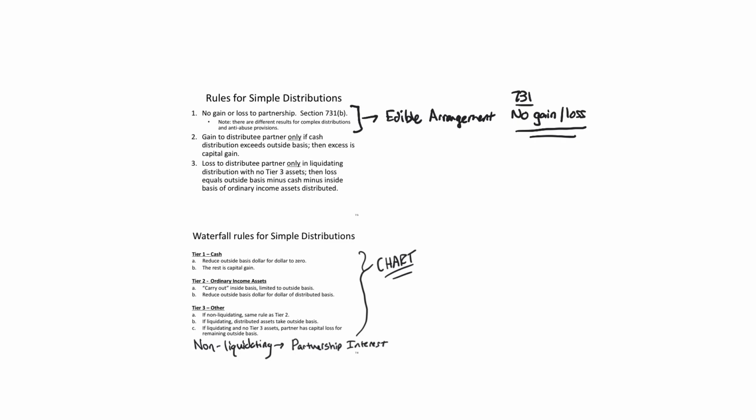The only time the partner is going to have gain is if they receive cash, so it has to be a cash distribution, and it exceeds the outside basis, right? 40, 30, 20, that amount. So we'll see a situation where that occurs. The only time we can have a loss is if it's a liquidating distribution, which, hey, it's not liquidating, so we're not going to have that in this case. So we can't have loss. The partners cannot have a loss in this situation.